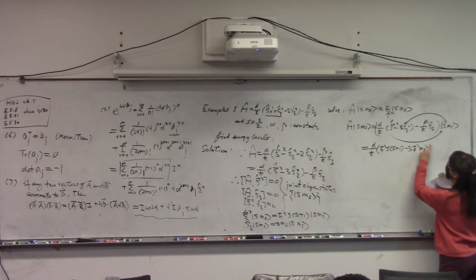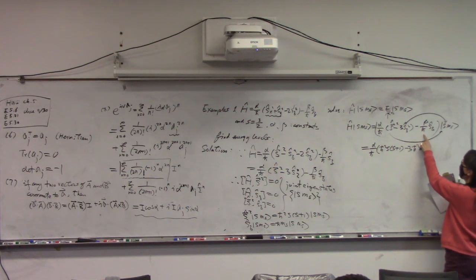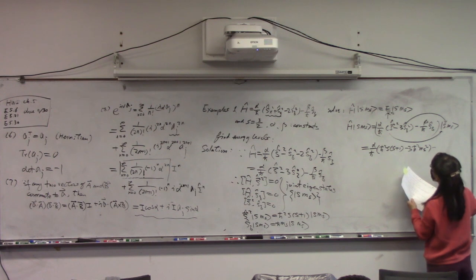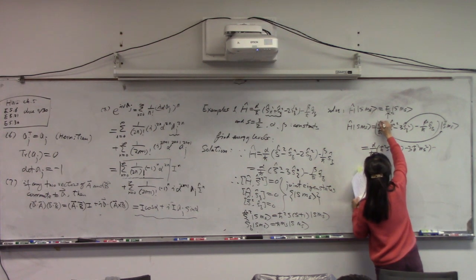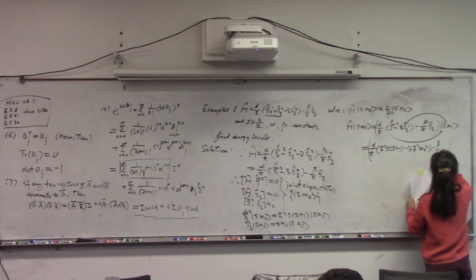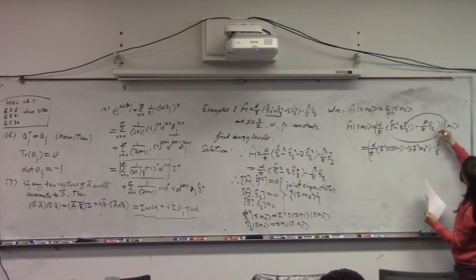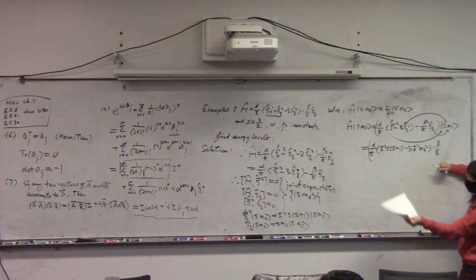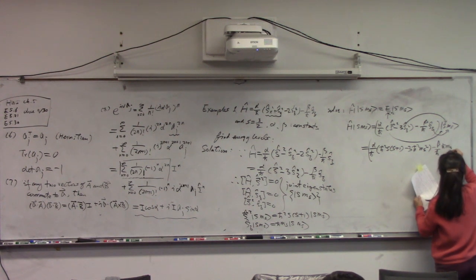Alpha over h bar multiplies this. And now this term is minus beta h bar, and Sz applied gives h bar Ms.